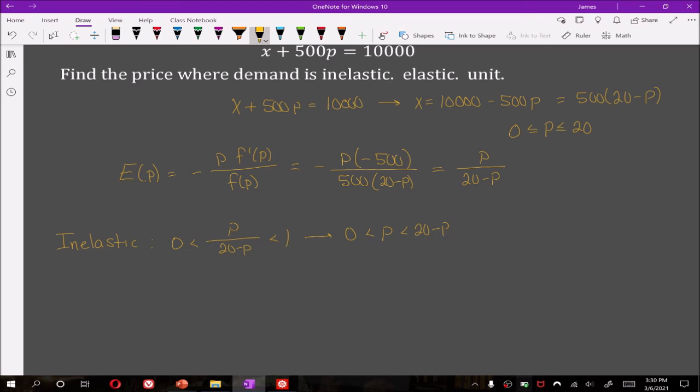This means that 2p would be less than 20, or that p itself is less than 10. So for prices between $0 and $10, right? Because remember, 0 is the smallest p can be. The demand would be inelastic.